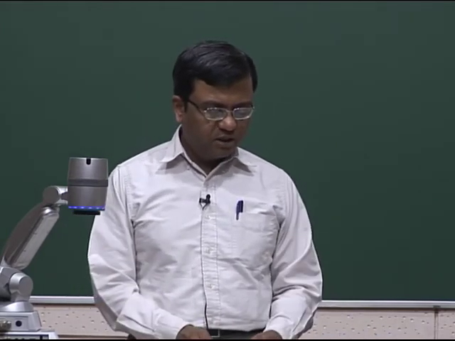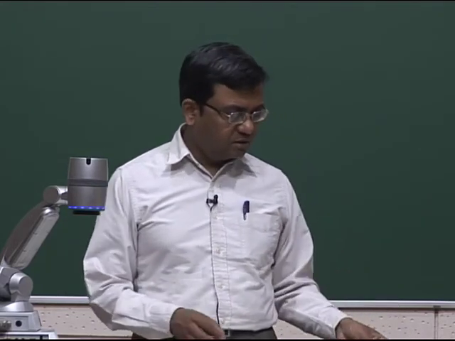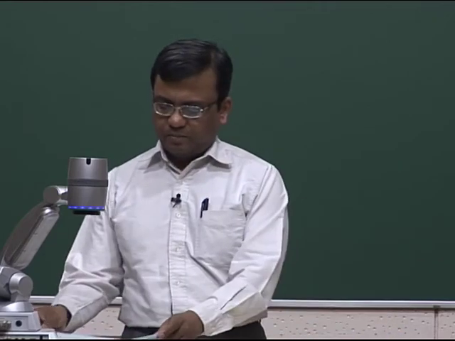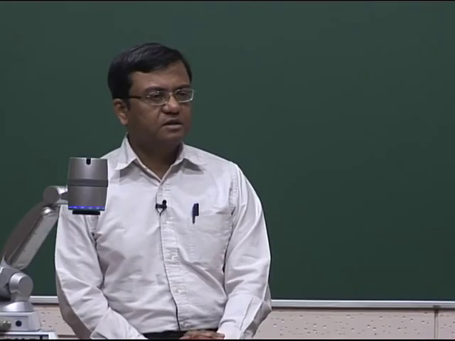What else? We looked at the effect of initial temperature, and we looked at flame temperature. Now, another important point, of course, is going to be pressure. Of course, it is going to be dependent on pressure. What you see here in this expression is pressure to the power n minus 2 by 2. For typical hydrocarbons, we learned that this n, the overall reaction order, is between 1.5 and 2, so it is actually less than 2. This gives you a slightly negative dependence on pressure. So, laminar burning velocity decreases with pressure slightly.